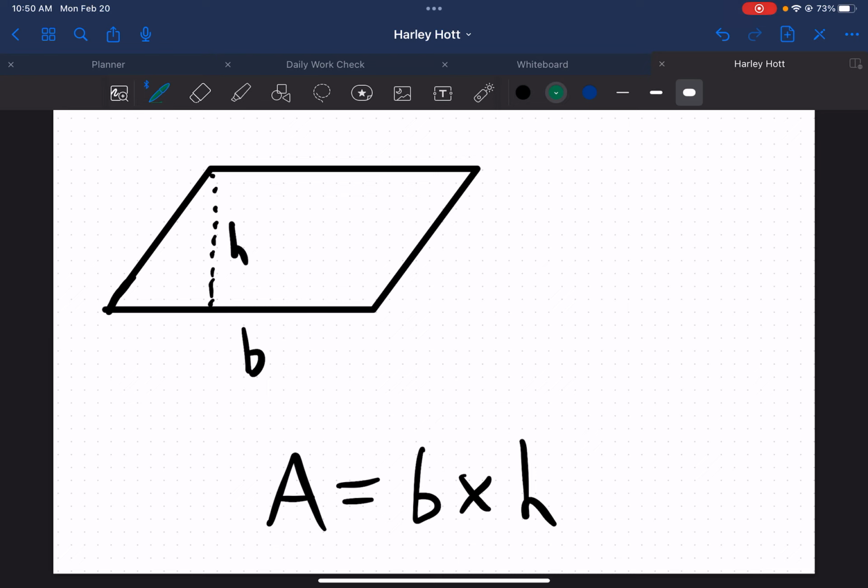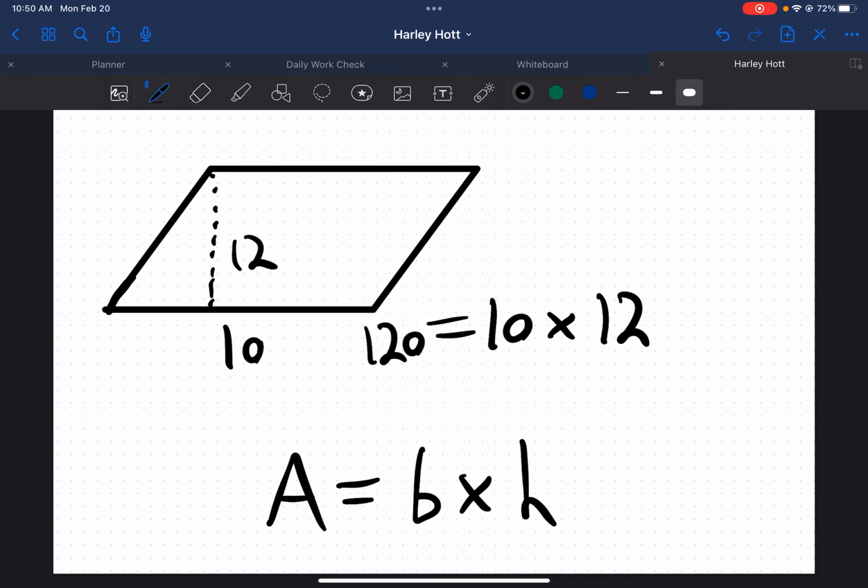So the area of a parallelogram is B times H. So if I were to change this to, let's say, 10 and 12, we just take the base, multiply it by the height, and we get 120. 120 is equal to B times H, because this is the base and this is the height. Simple as that. Parallelograms are really easy, right? Skewing this to the side doesn't actually change the area at all.